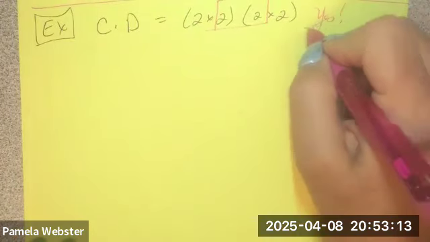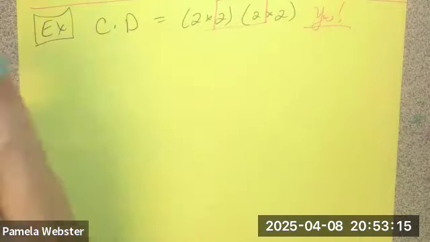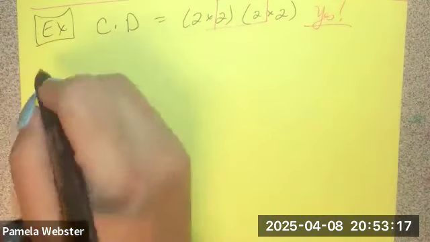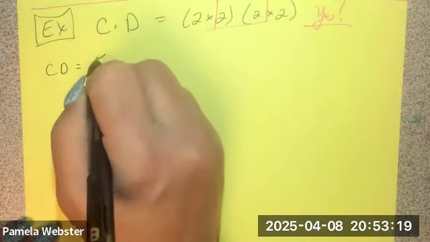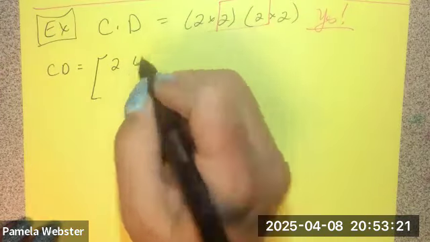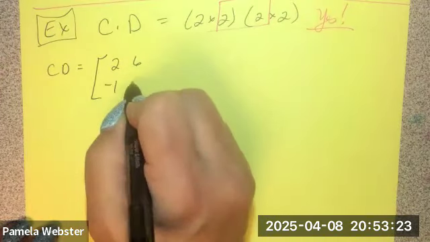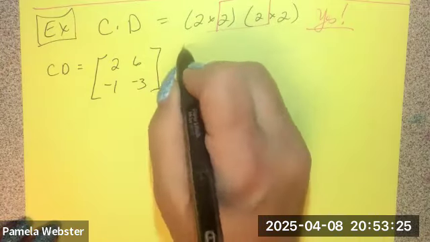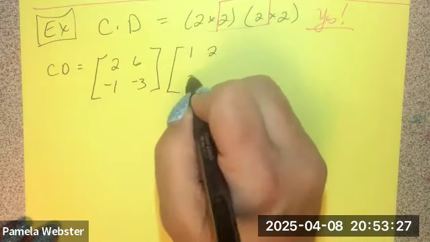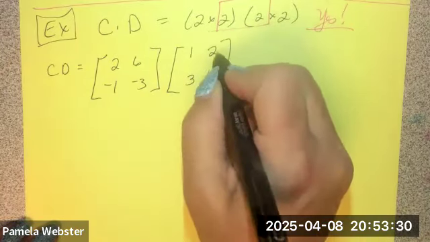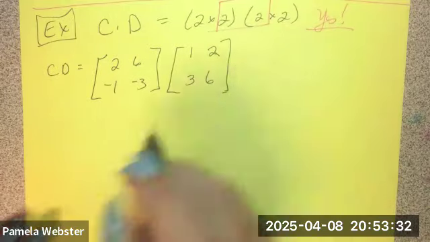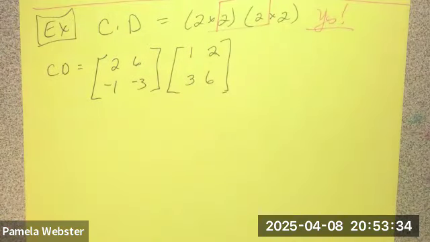Yes. Okay, so now we can multiply those, right? So let's see what that looks like. Let me just rewrite them because it's on a different page. It's 2, 6, negative 1, negative 3, and 1, 2, 3, 6. There's my C, and there's my D. Okay, those two matrices. C times D.